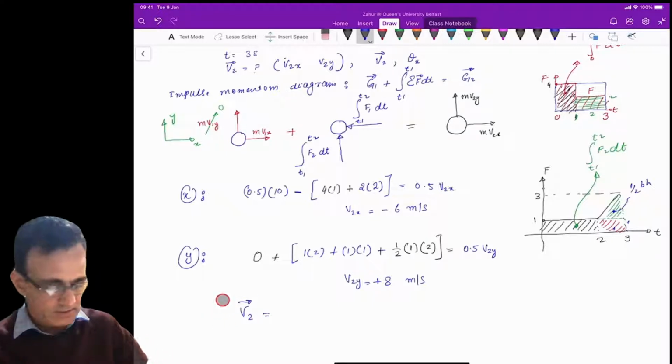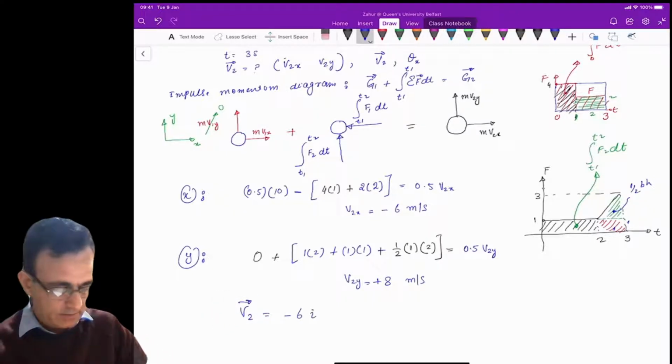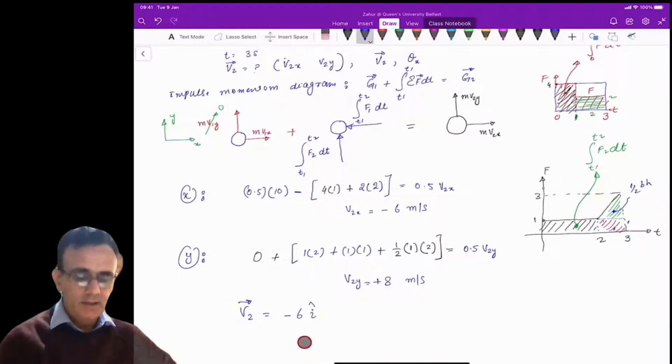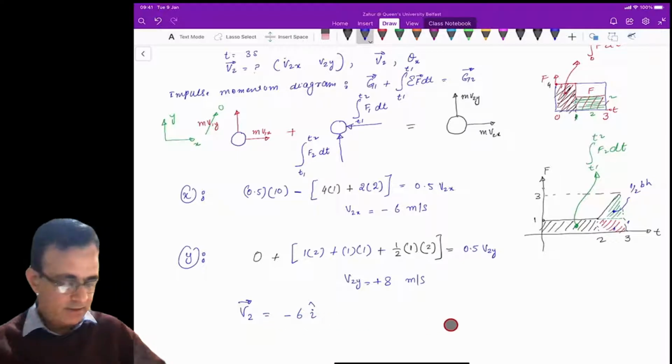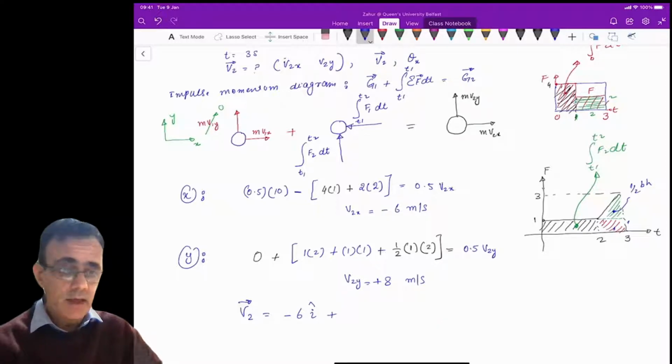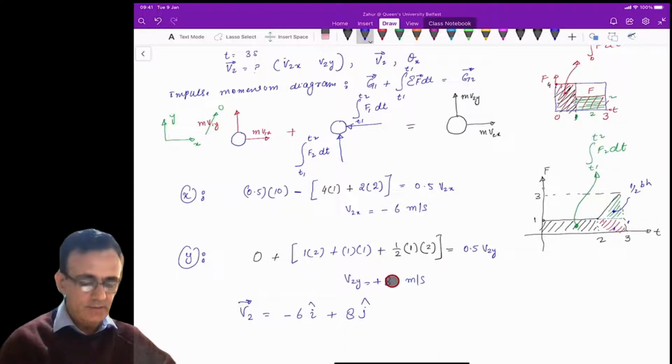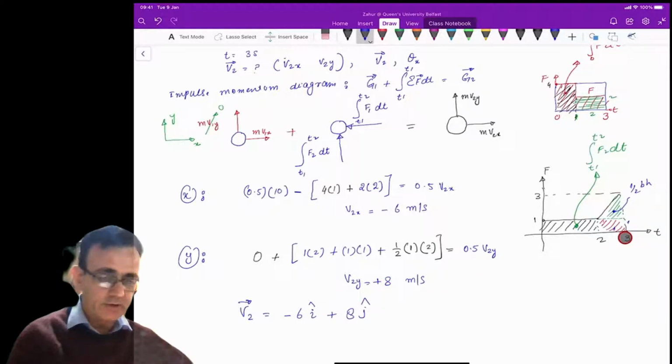One is the component of this velocity in the x direction. So you write this in the form minus 6i, where i is the unit vector in the x direction here. And then you have 8j. So 8 is the component of velocity in the y direction, and j is the unit vector in the y direction.